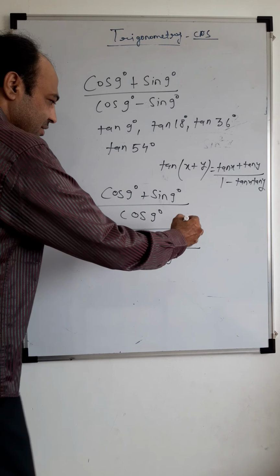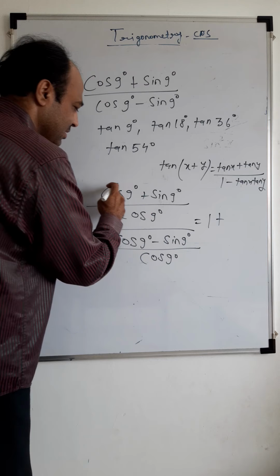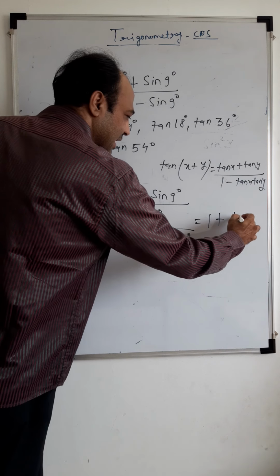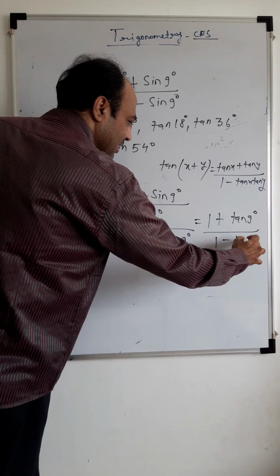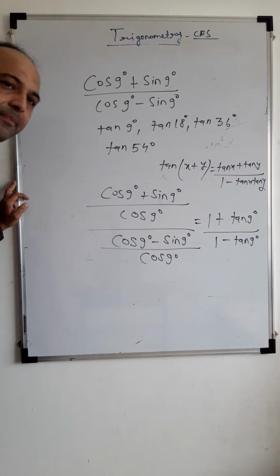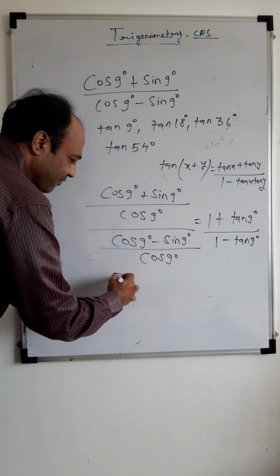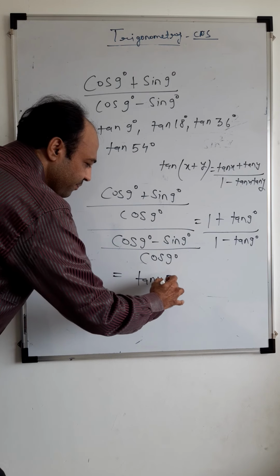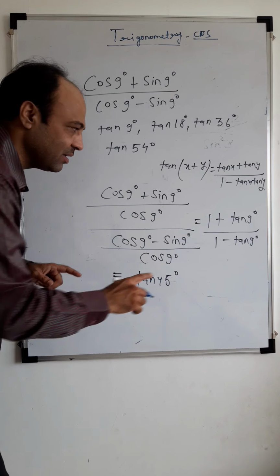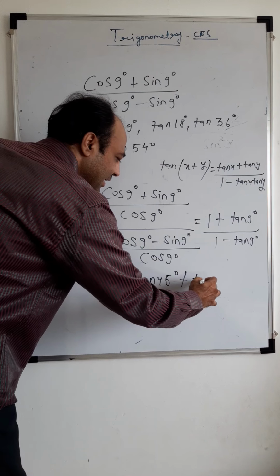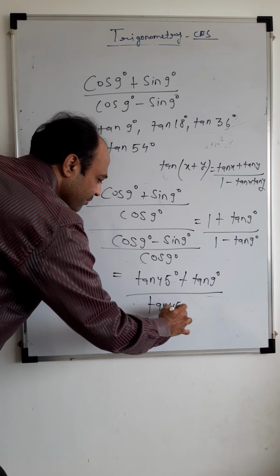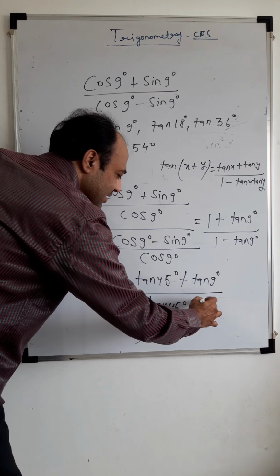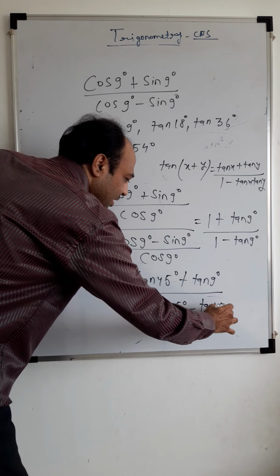So when you divide, what will happen? 1 plus, this get cancelled, sin by cos, tan 9, and this is 1 minus tan 9 degree. Fine. You know 1 is tan 45. Tan 45, can we write tan 45 is 1 plus tan 9 upon tan 45, 1 minus tan 45 into tan 9.